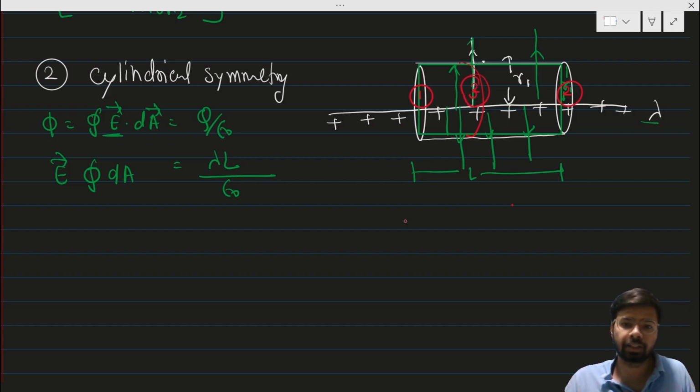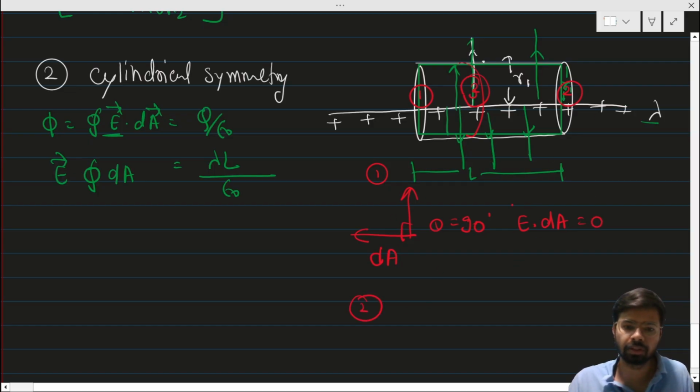So electric field is in this direction for 1, and the dA vector is in this direction. So the angle between them is theta equal to 90 degrees. So E dot dA will be 0. Cos 90 is 0. Same for the second one. dA is in this direction and electric field is in this direction. So this will be flux phi. For this case it will be 0.